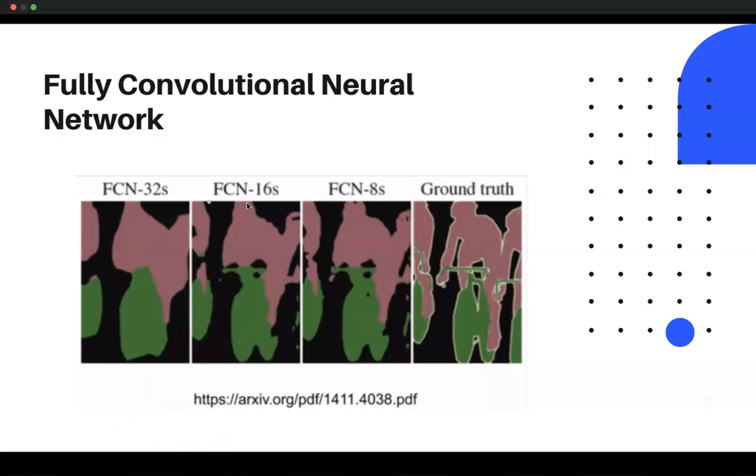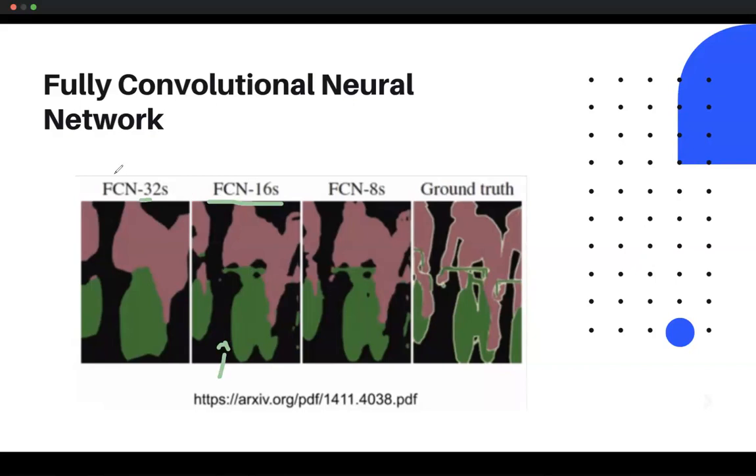The other version, the fully convolutional neural network 16 stride, means that the output segmentation is 16 times smaller than the input image, which is also very bad, of course, but a lot better than the 32. It's also much slower than the 32 and requires more data to tune.